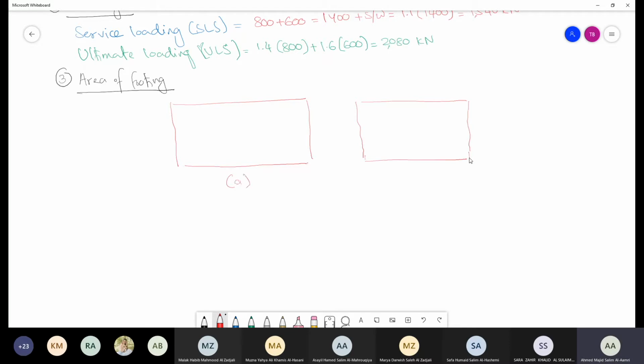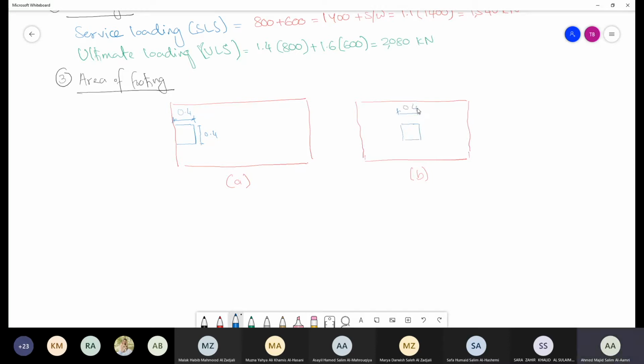This is case A, this is case B. If your column is acting here, for example, and this is your 0.4 and 2.4, and then you have the other scenario where your column is acting somewhere in the middle, and this is your 0.4.